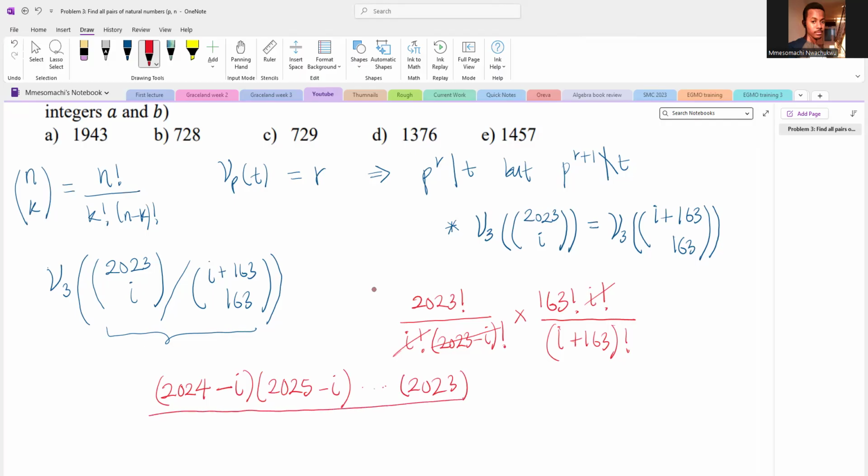Then divided by, when we cancel the 163 factorial, 164 times 165, up to 163 plus i. Okay, so what can we do from here? What can we do from here?